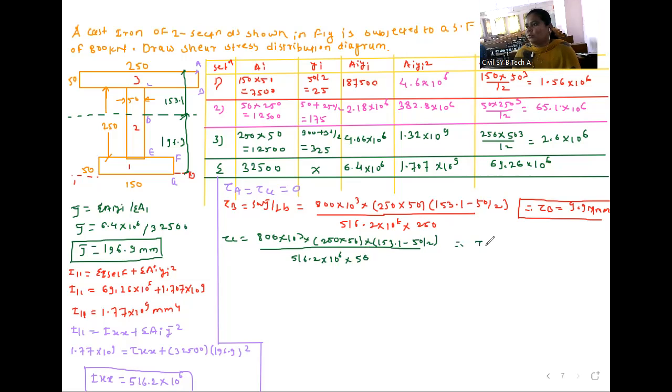So tau C is equal to 40.63 Newton per mm square.